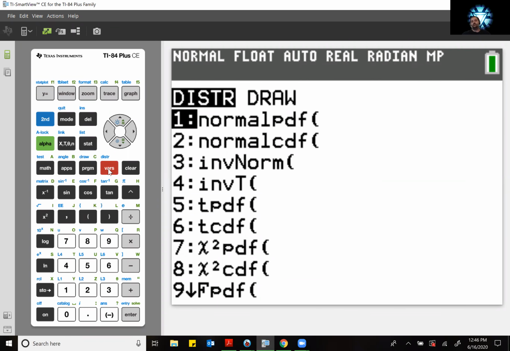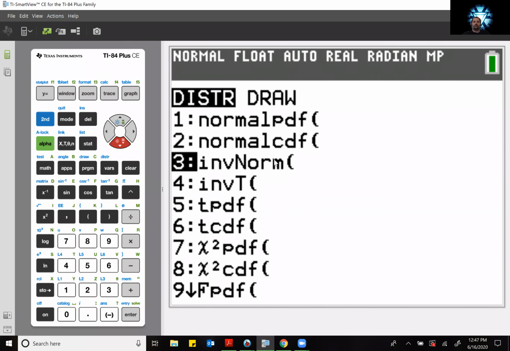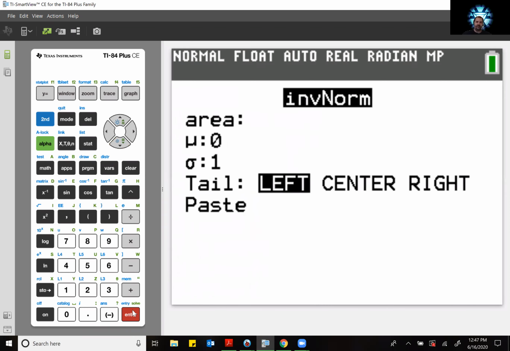Where are we going to go? You want inverse norm. Should be number 3. Look for inverse norm. That means you're going to reverse it. So you're going to hit enter. And then now all you have to do is put in the information.